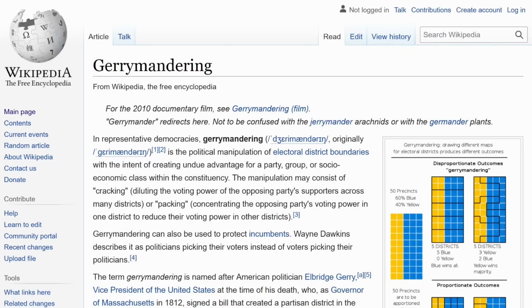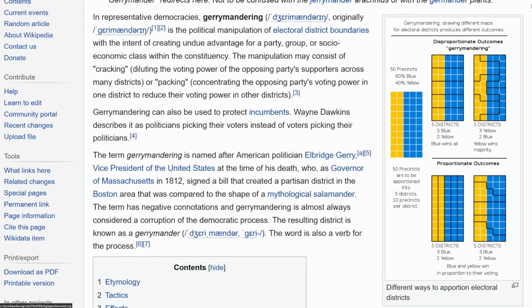In case you've never heard of gerrymandering, gerrymandering is a way of drawing electoral district boundaries in a way to override the intent of the electors, the people. If you look at this crude example, maybe oversimplified a little bit, but it really illustrates what's going on here. If you have a state that is 60% blue and 40% yellow, you can get a yellow win by drawing the district boundaries in a disproportionate way.